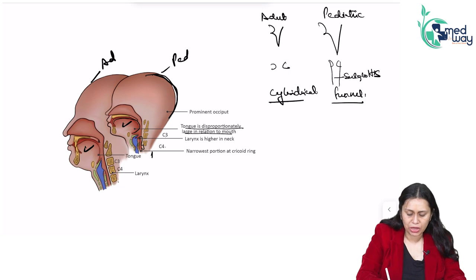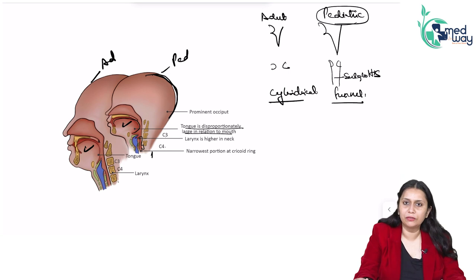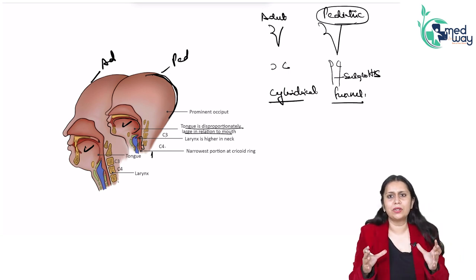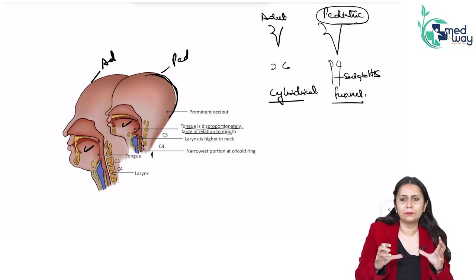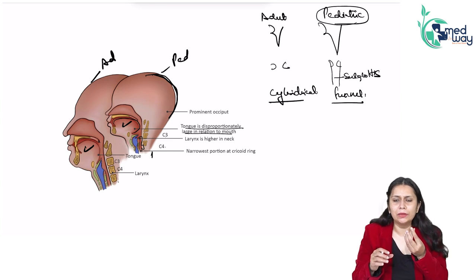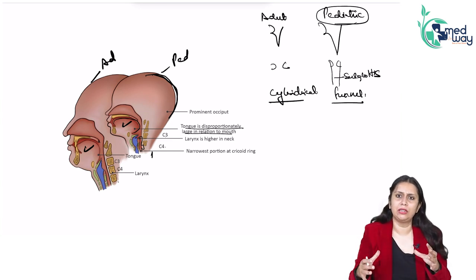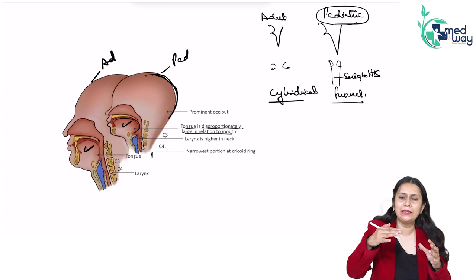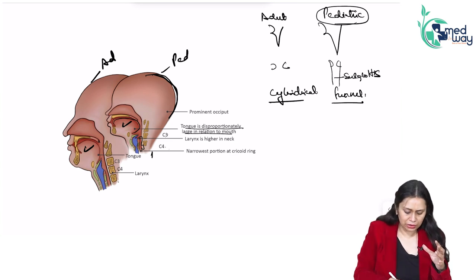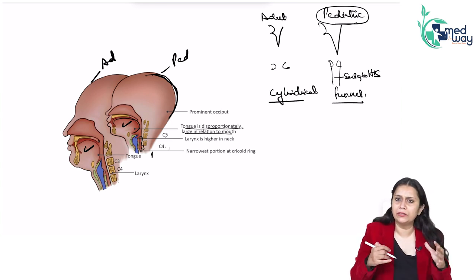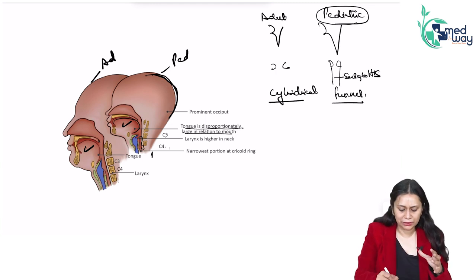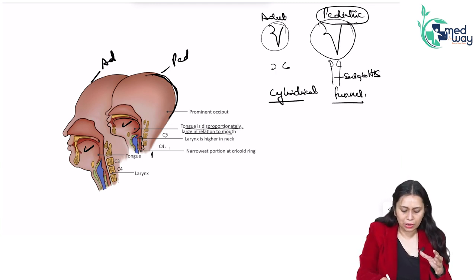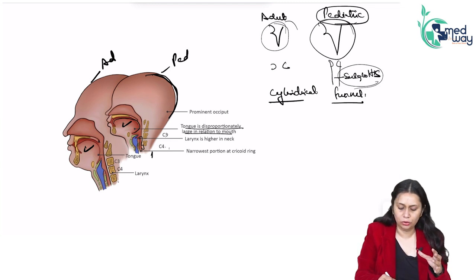So these are the changes. This makes pediatric intubation a little difficult. So their occiput is prominent, neck is short, oral cavity is small, tongue is disproportionately larger. They have a high larynx against C3, C4 compared to C4, C5 in adults. Their epiglottis is longer and leaf-like, and the subglottis is the narrowest portion, not the glottic opening.